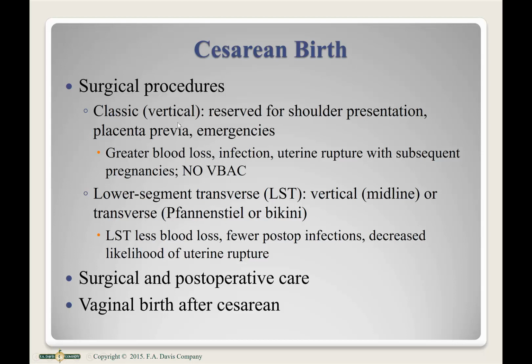The classic is reserved for the absolute, beyond a shadow of a doubt, a total emergent cesarean section. It's the fastest way to access the uterus and get the baby out. We totally reserve that for when we absolutely need to do a classical cesarean section.